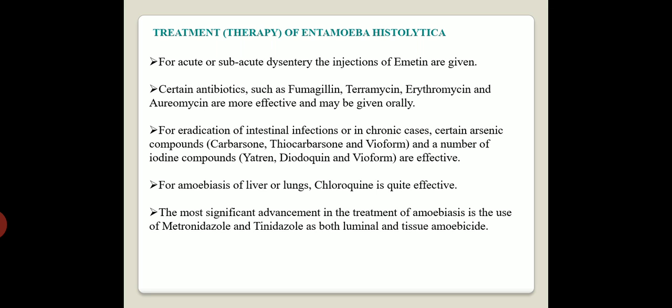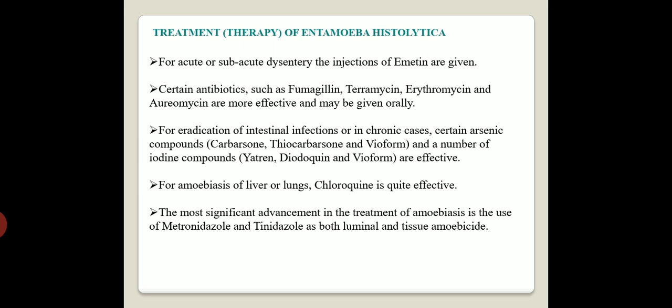Coming to the therapy or treatment of Entamoeba histolytica, for acute or subacute dysentery, emetine infections are given. Certain antibiotics such as fumagillin, terramycin, erythromycin and aureomycin are more effective and may be given orally.